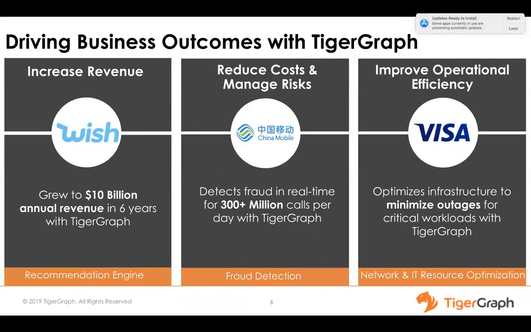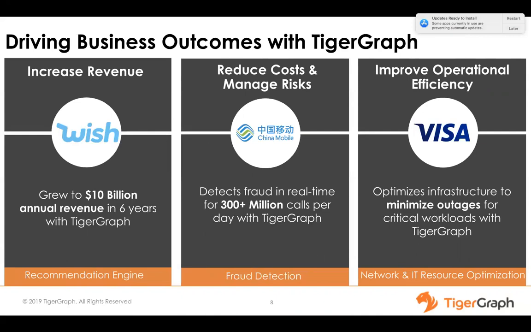With TigerGraph platform, our foremost design philosophy is to solve our customers' pain points and help drive better business outcomes. Do you want to increase your top line and bottom line? Have you thought about how to reduce costs and manage risks in your business operation and improve operational efficiency?